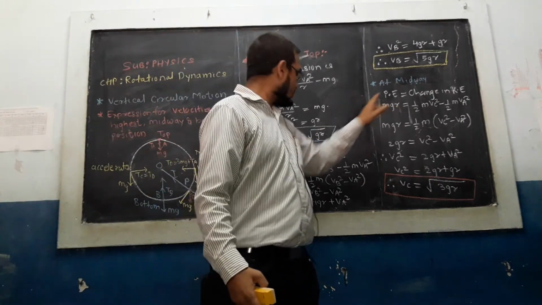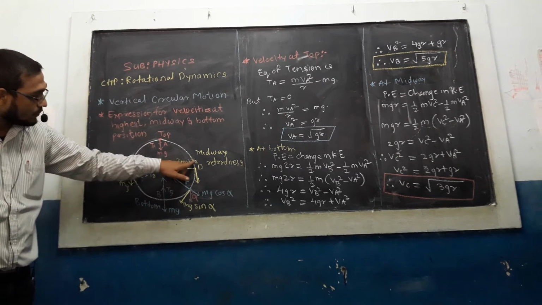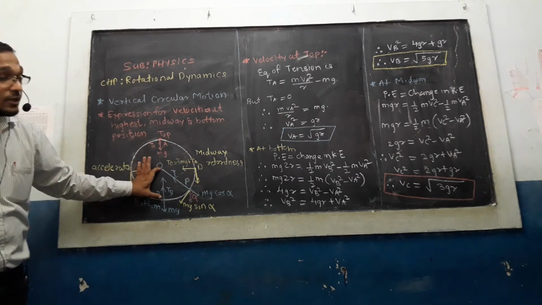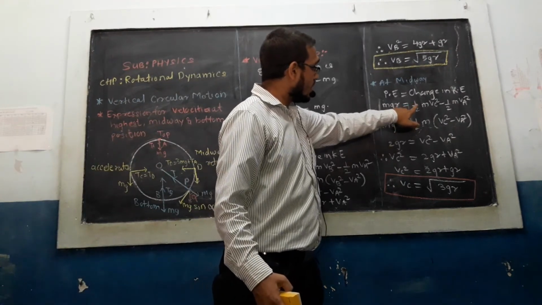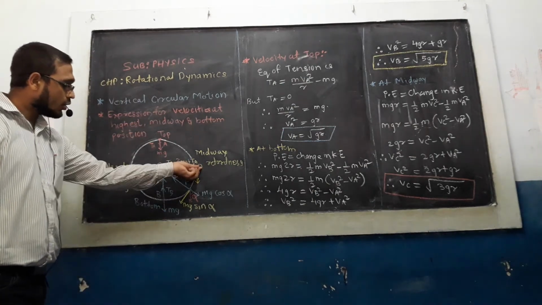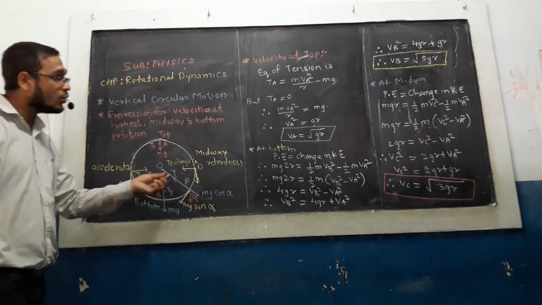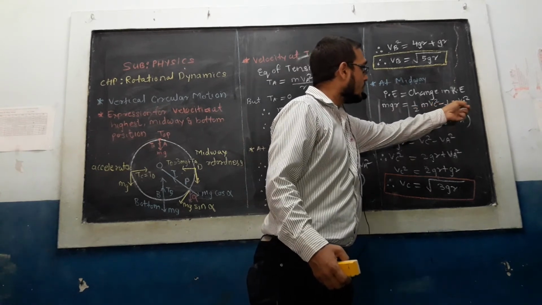What is the potential energy here? Now the particle is moving from here to here, so the height is nothing but r. So mgr is equal to change in kinetic energy. Kinetic energy along midway minus kinetic energy at the highest point: half m vc square minus half m va square.